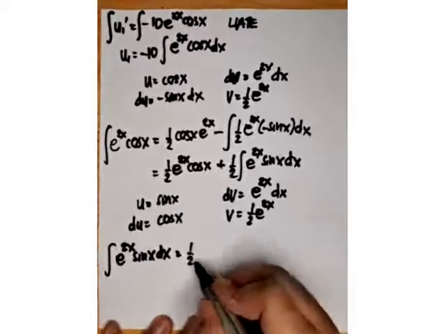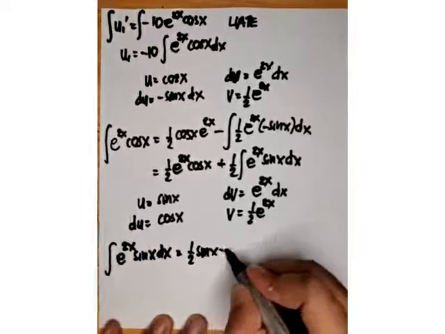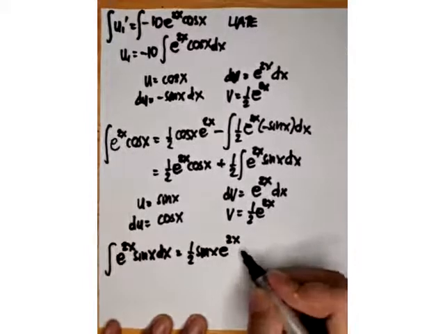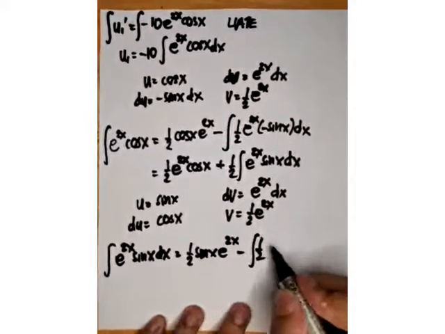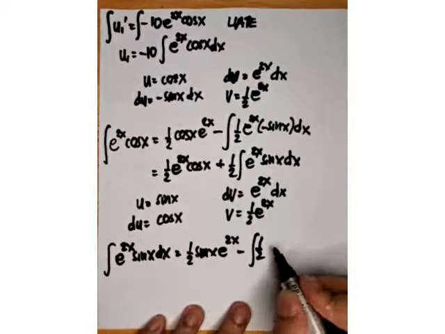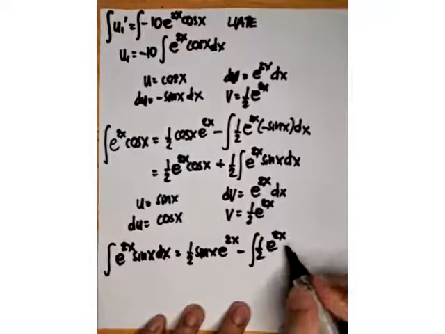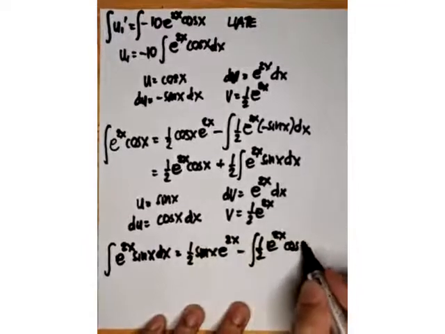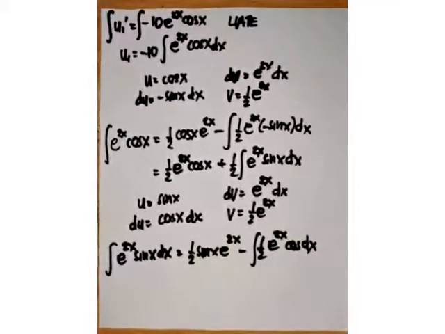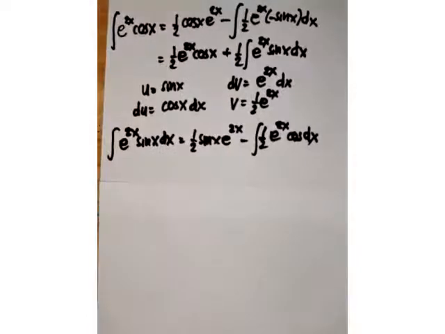So that's 1/2 sine x e raised to 2x minus the integral of v du. So that's 1/2 e raised to 2x, maybe cosine. Ayan. Okay? So, umulit na siya. Di ba pag umulit na siya, ang ginagawa natin ay tinatranspose na lang natin.